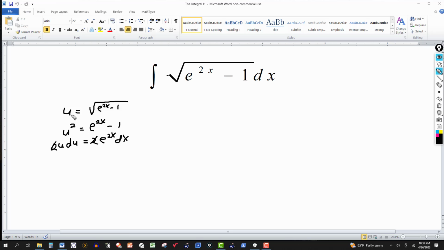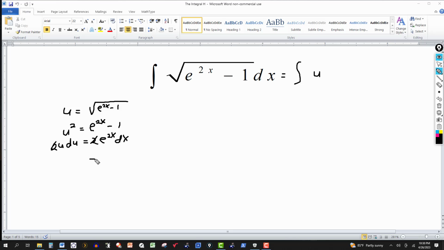Now you could go ahead, where I have u equal the square root of e to the 2x minus 1, and just find du from there. I find it's a little bit easier if you do it this way with the calculation. So that's going to equal 2 times the integral, and this is u.